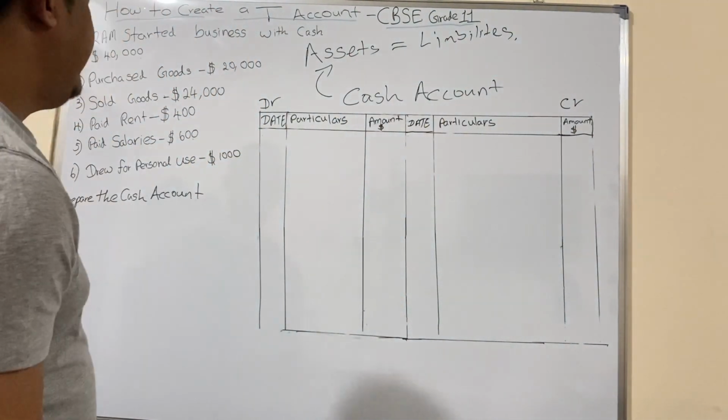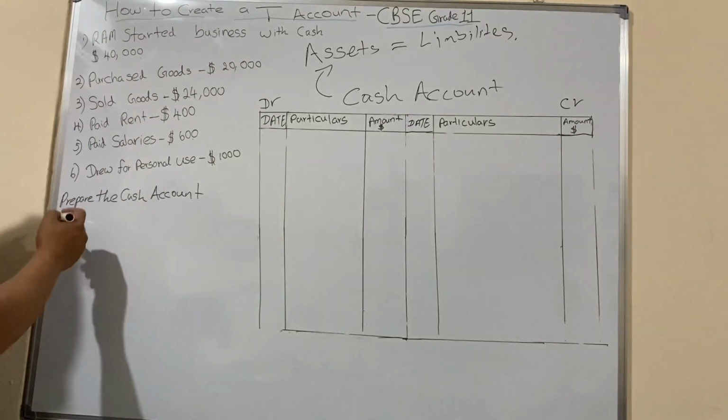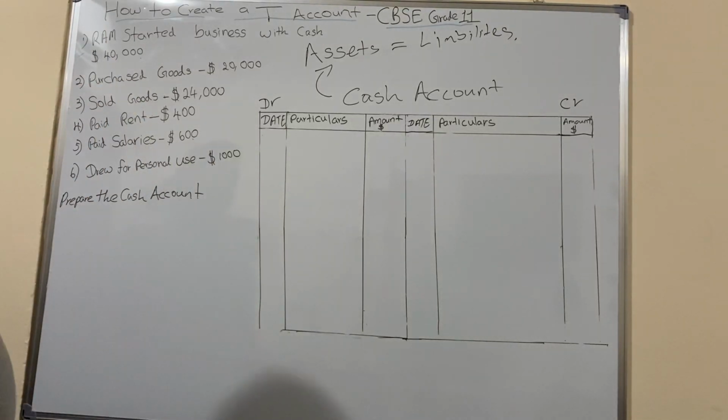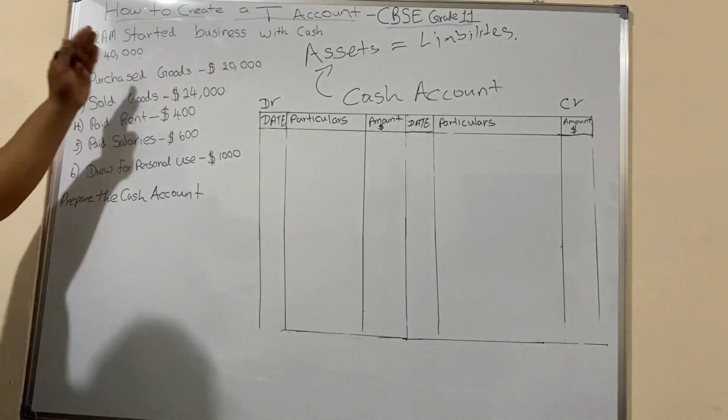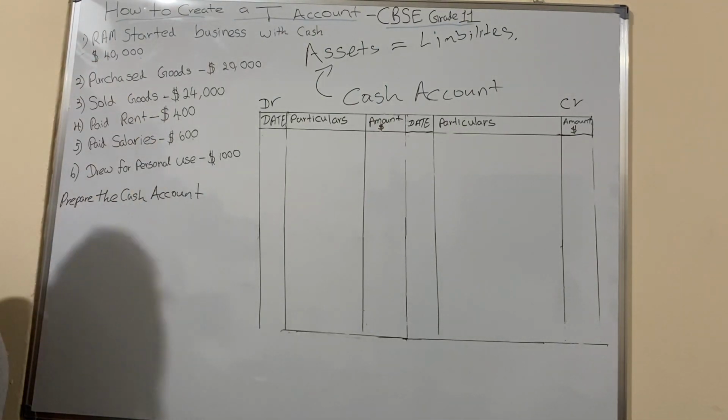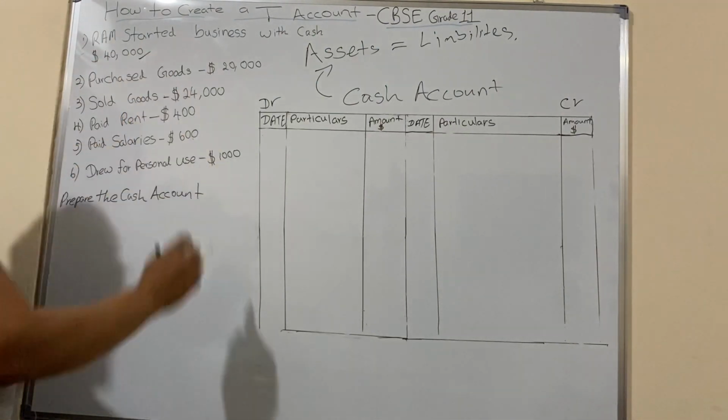For example, I have given 6 transactions here. I will read them for you, and you can write them down in your books and follow along. Ram started business with cash for 40,000.